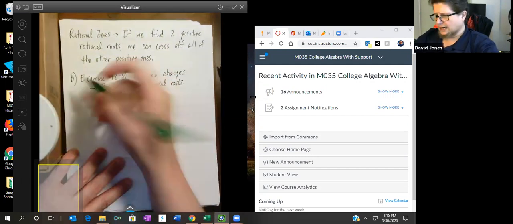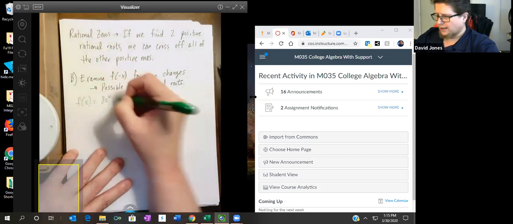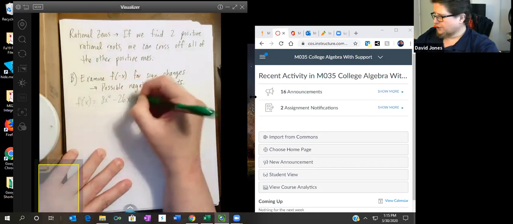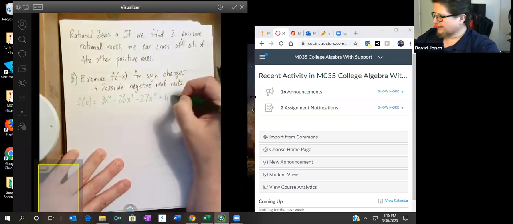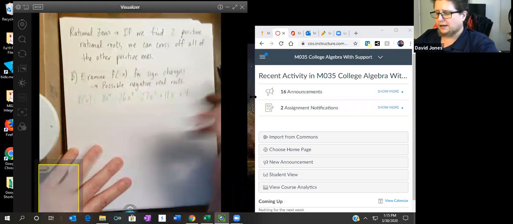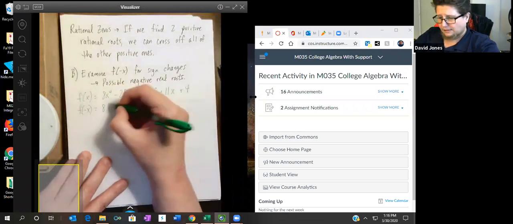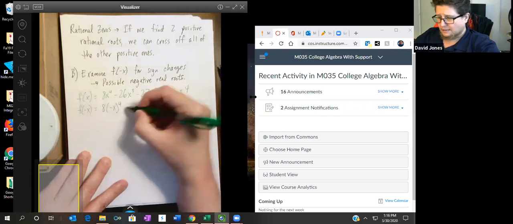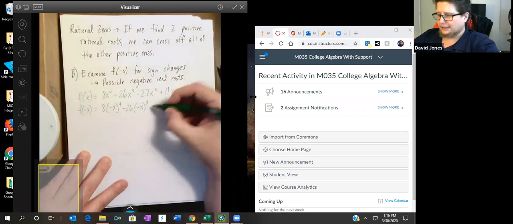So we had f of x equals 8x to the 4th minus 26x cubed minus 27x squared plus 11x plus 4. When I stick in negative x, I'm replacing the x inside parentheses like this.